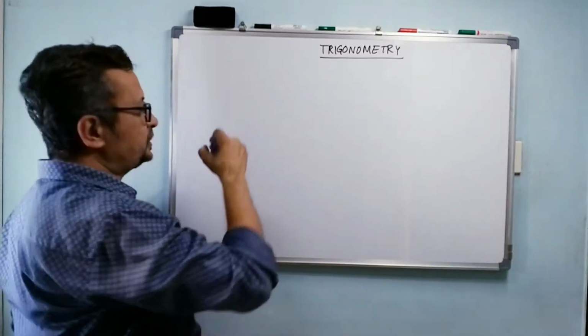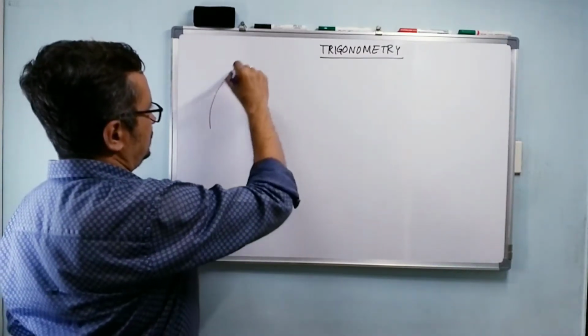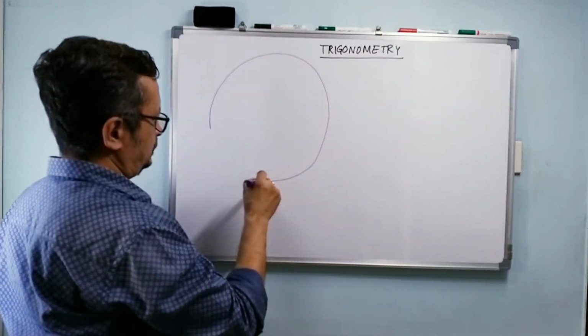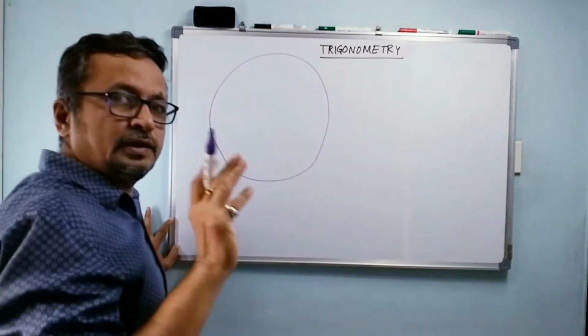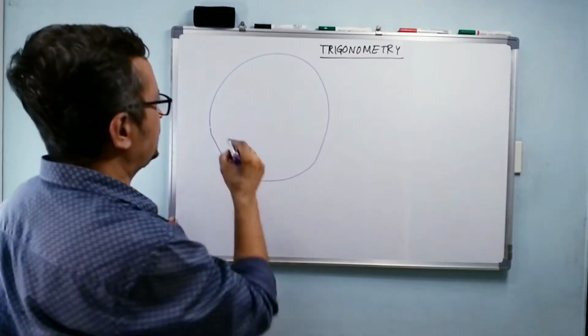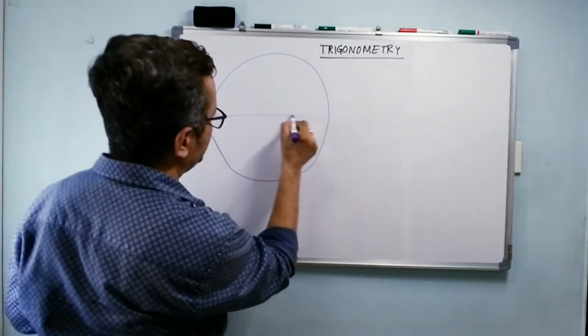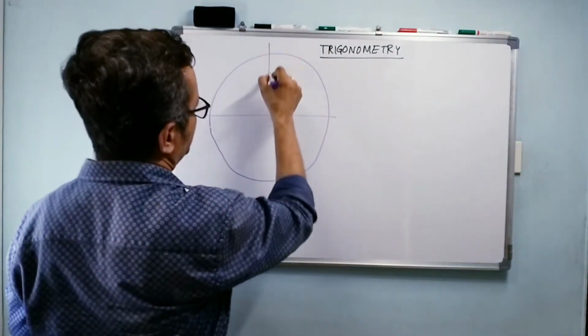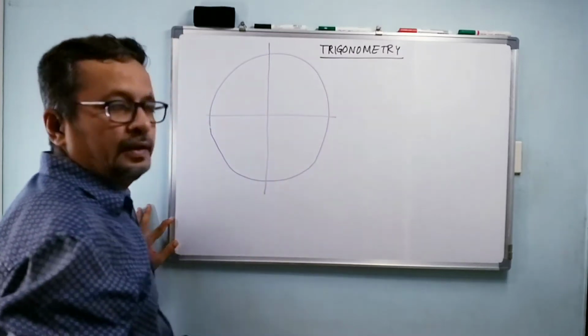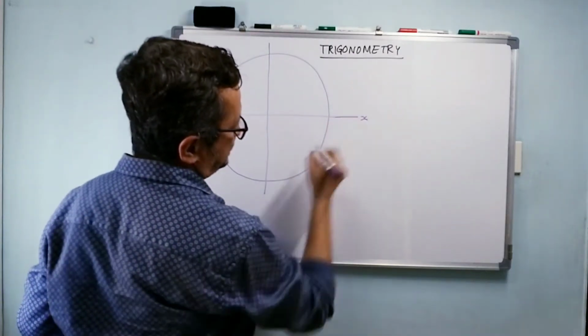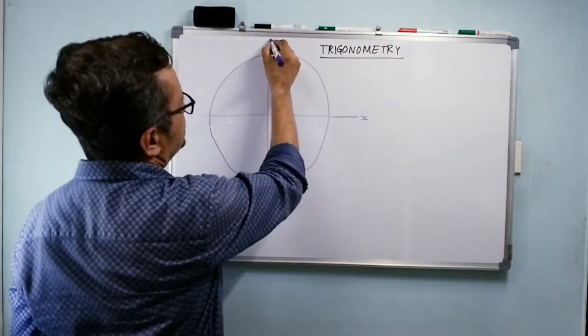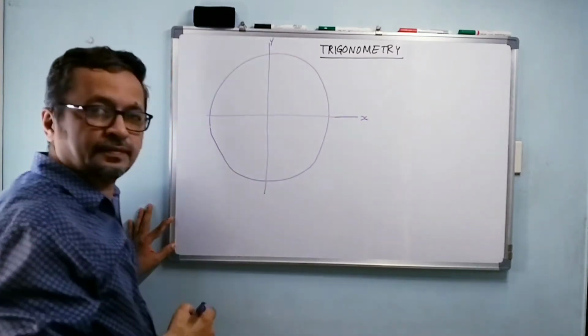I'm going to draw one unit circle. Even if it doesn't look like a circle, it is a circle, and the radius of this circle is equal to 1 unit. This is my x-axis, and of course this is my y-axis.